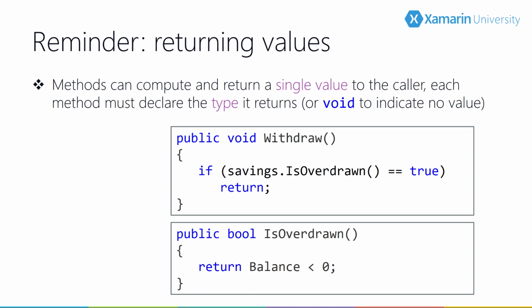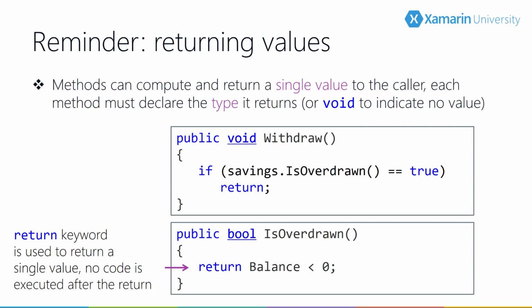As a reminder, methods have a return type. The return type indicates what type of data we're going to send back to the caller. And the way that we send information back to the caller is by using the return keyword. Remember, void means that we're not returning anything, whereas if we put a data type into it, like bool, that means we're trying to send back a bool.